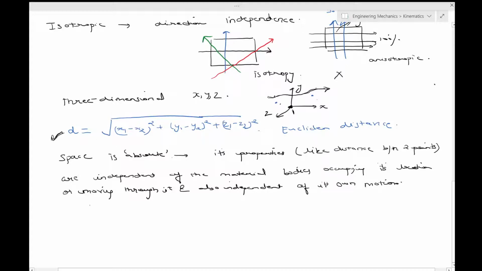Hence it is not just independent of the material bodies occupying its location or moving through it. It can be air, it can be water, it can be anything else. The distance between the 2 points remains the same.